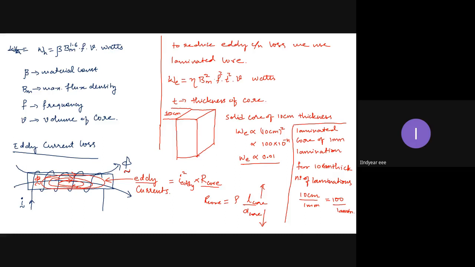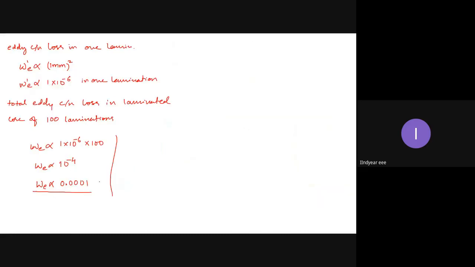When I use a solid core of 10 centimeter, eddy current loss is proportional to 0.01. Okay. Let me take this as WE solid. Let me take this as WE laminated. Now, what is the amount of eddy current loss reduction?